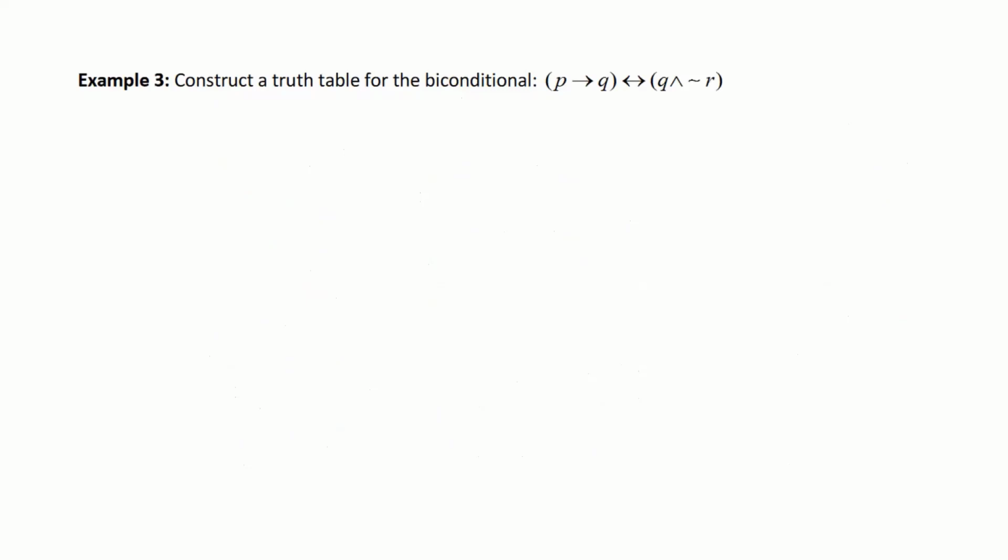Example 3, construct a truth table for the biconditional, parentheses, P implies Q, if and only if, parentheses, Q and not R. So we've got a long one here with three statements.